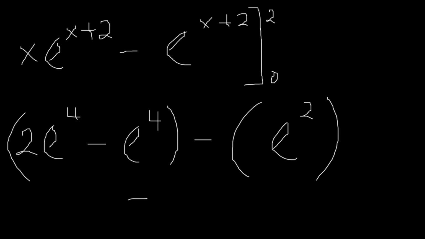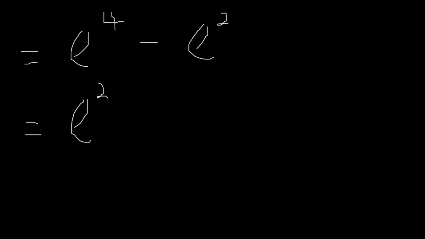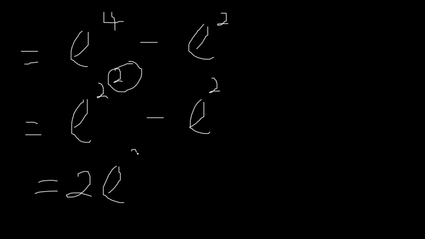That equals e to the 4 minus e to the 2, sorry. e to the 4 can be equal to e to the 2 squared, minus e to the 2. So you can bring down this 2, that will be 2 e to the 2 minus e to the 2. Therefore, our answer will be e to the 2.